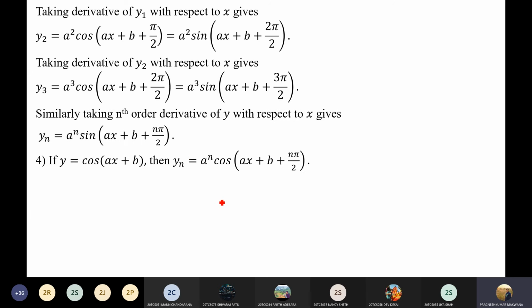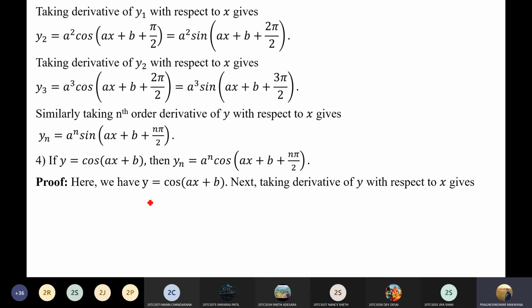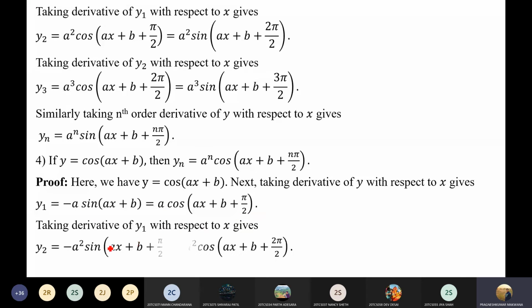So here you can see that y1 is equal to minus a sine(ax plus b). By the same formula, that is a cos(ax plus b plus pi/2). Similarly, we find y2: minus a square, because the derivative of cos is minus, so again minus a square sine(ax plus b plus pi/2).